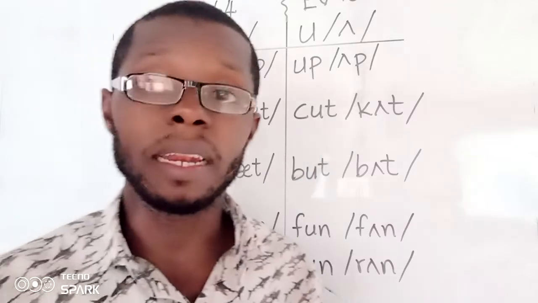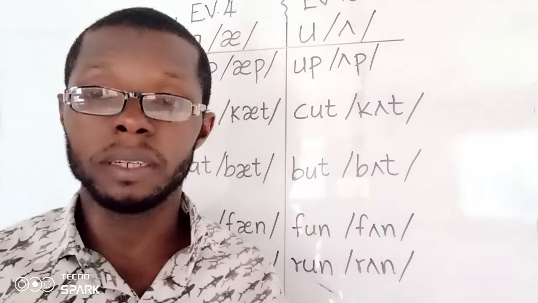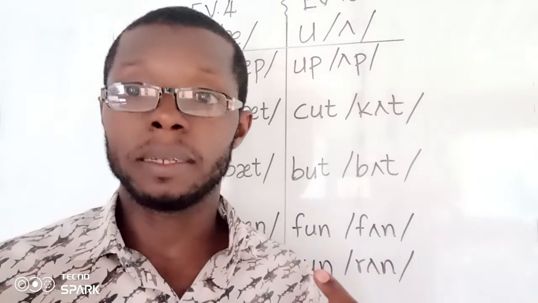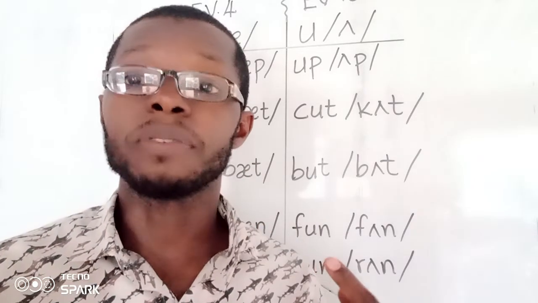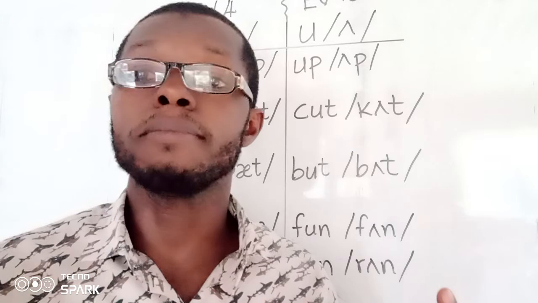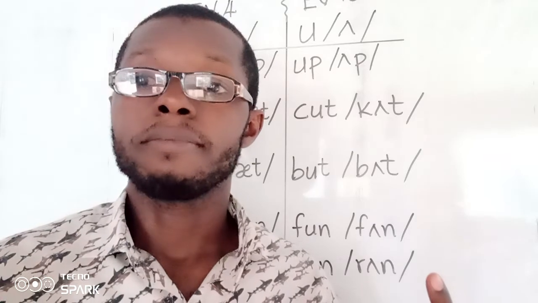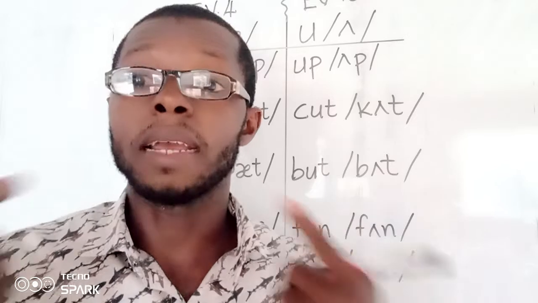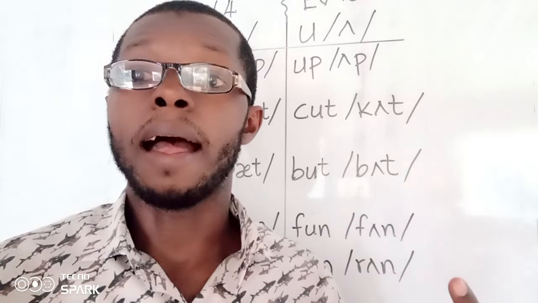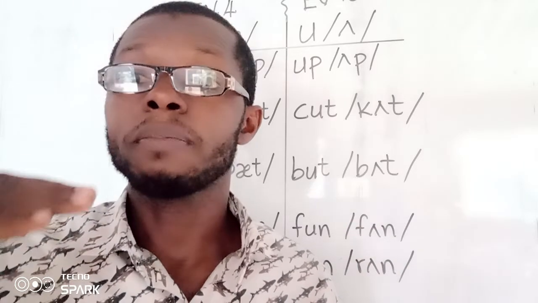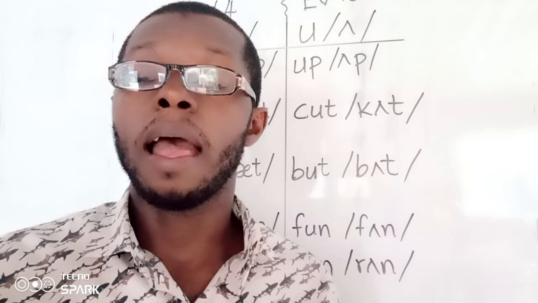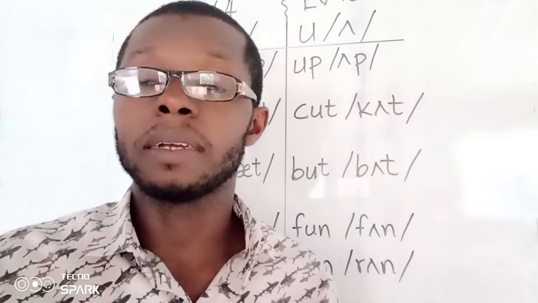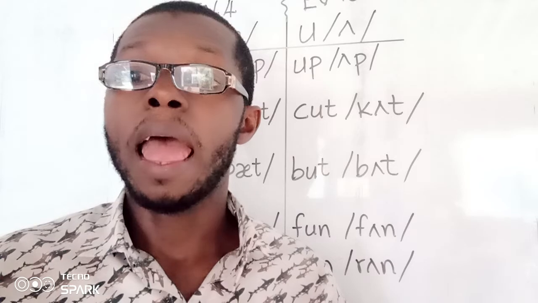First, letter A. To articulate letter A, the lips spread like you're smiling. Observe, my lips are spread like I'm smiling. Open the mouth. I keep the tongue down in the mouth. Use the front of the tongue. And you say, ah.